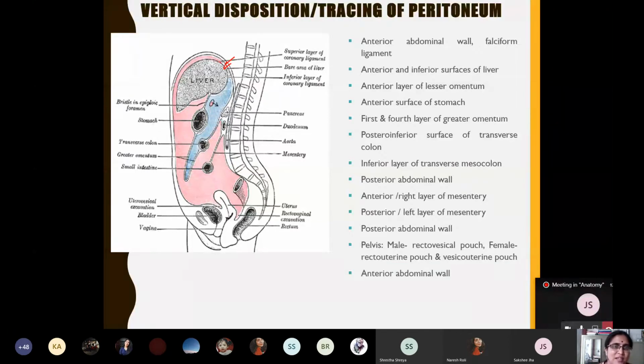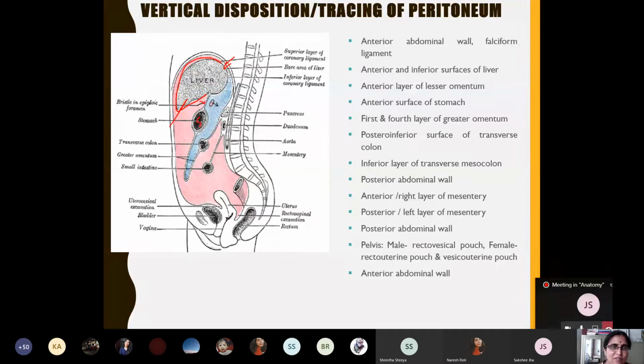Then it encloses the liver, and the inferior surface of the liver. Then from the inferior surface of the liver, it is reflected to the lesser curvature of the stomach. This is the stomach. Lesser curvature of the stomach as the layer of omentum, lesser omentum.